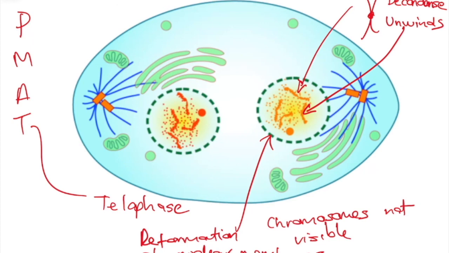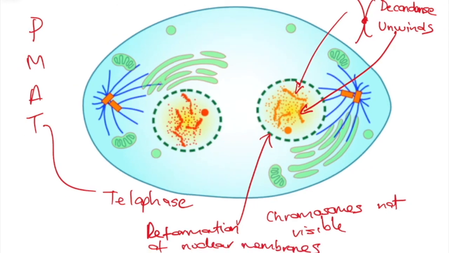After which, we then need to cut down the middle. So telophase goes with cytokinesis. Cyto for cytoplasm and kinesis for the idea of cutting the cytoplasm into two.